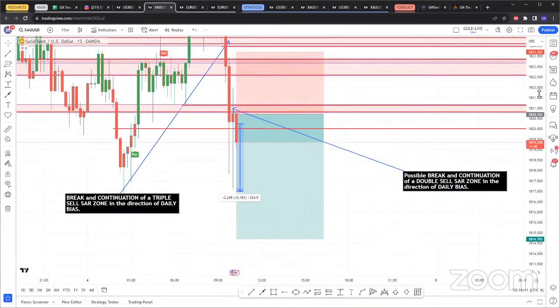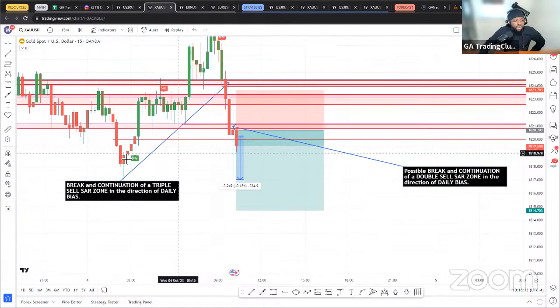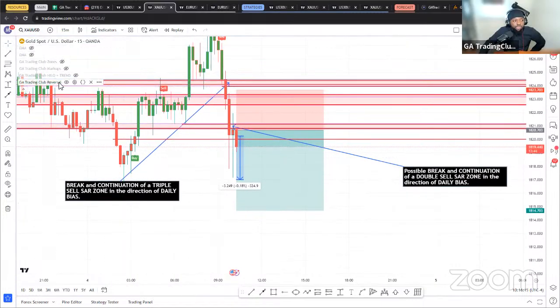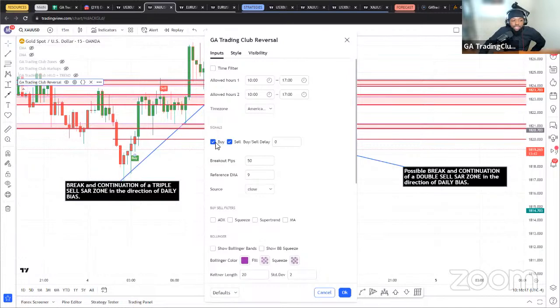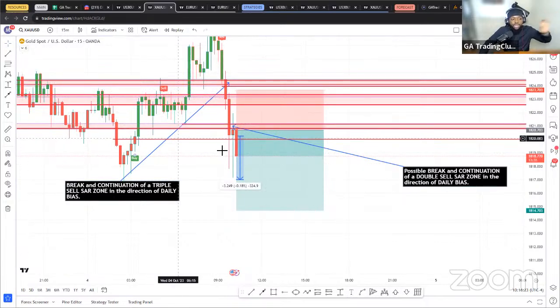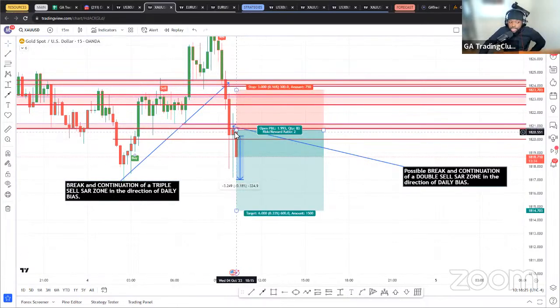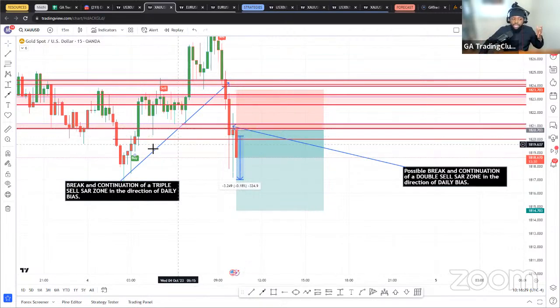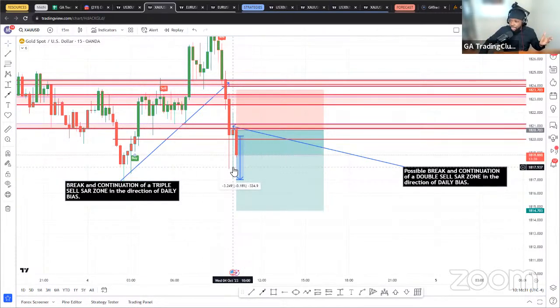So with this reversal indicator, since I'm only looking for sells, I normally just turn off the buys. But let's assume I'm trading with both buys and sells, buy and sell signals showing up on the chart. And this SAR trade validated for a sell. But then the indicator gives me a buy. That's going to mess with my psychology because the SAR is going to tell me I've already validated a sell trade for you.